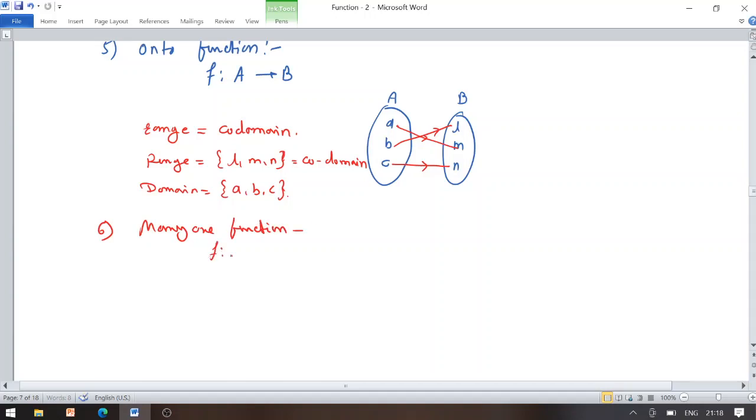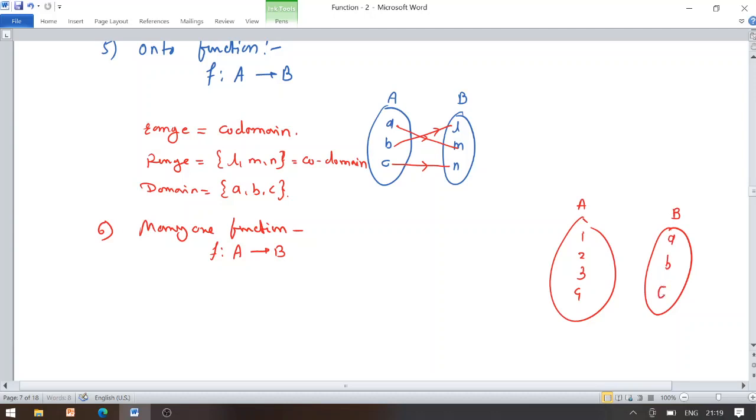If f is a function from A to B such that two or more elements in set A have the same image in set B. That means, supposing we have set A with elements 1, 2, 3, 4, and set B with elements A, B, C. Suppose 1 is related to A, 2 is related to A, 3 is related to C, and 4 is related to B.